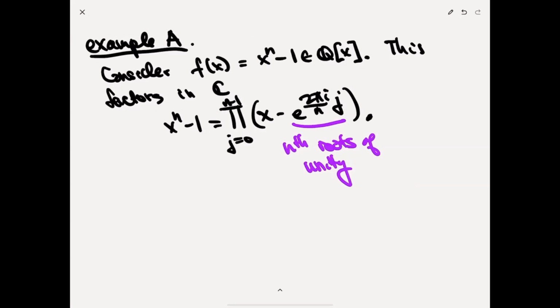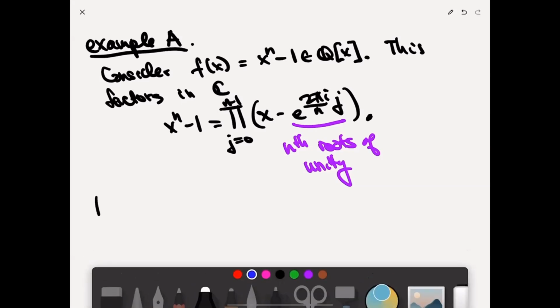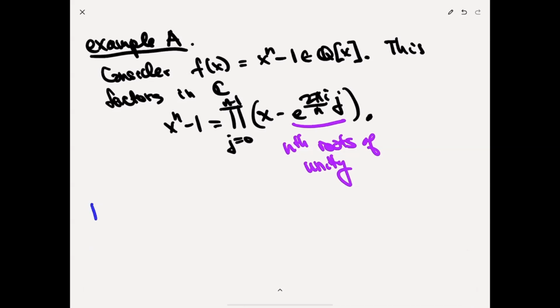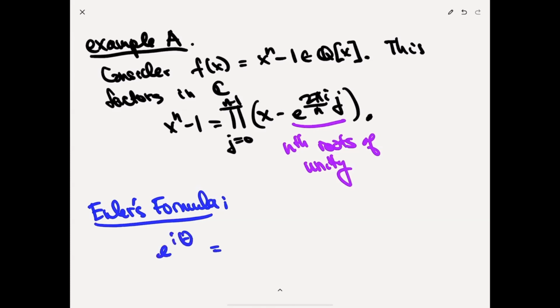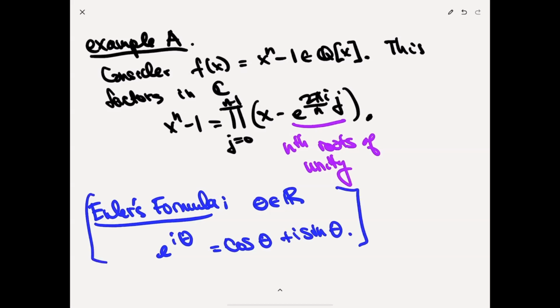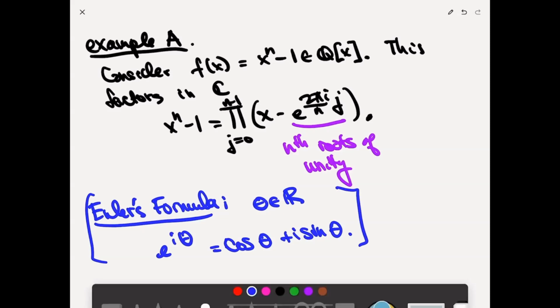Here we're using a formula, so we should recall what Euler's formula says. It says e to the i theta, where theta is a real number, is cosine theta plus i sine theta, as a complex number. And so this allows us to plot this in the complex plane.